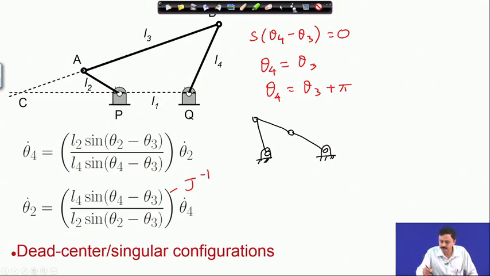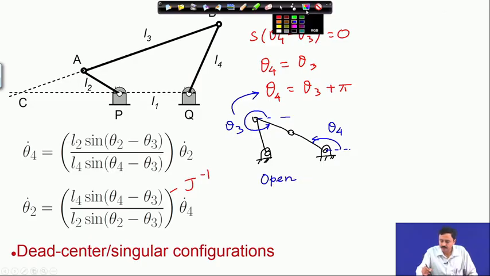So, this is the case, this is theta 4 and remember this is theta 3. So, this is the situation, in this case theta 4 is theta 3 plus pi. So, this is the open configuration. There is another configuration corresponding to the first case.